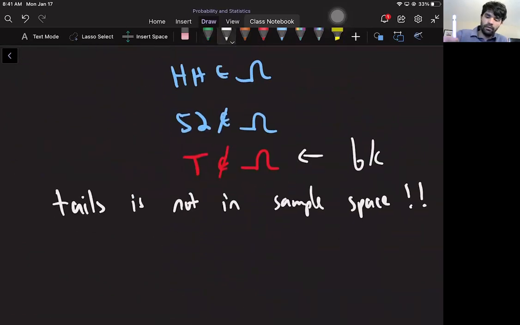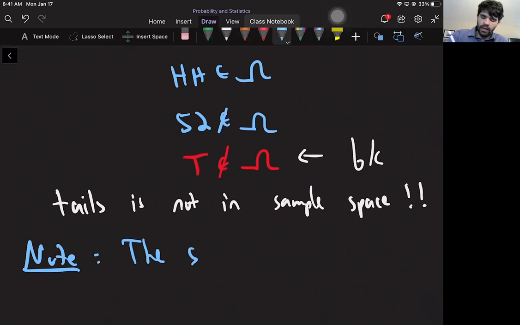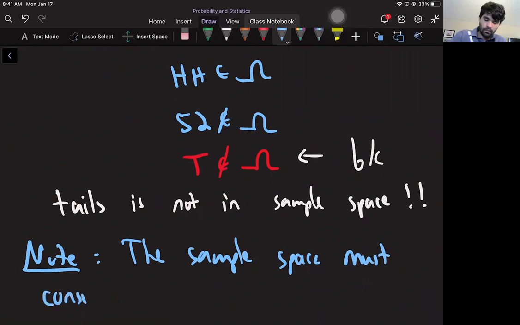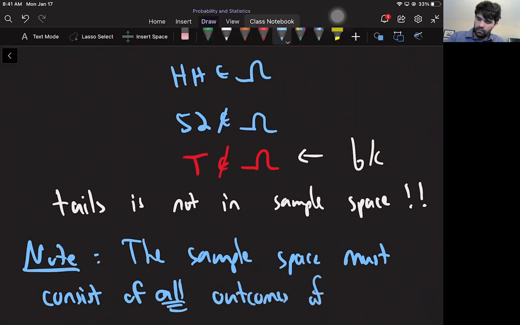And then one final note about sample spaces, just don't forget the sample space must consist of all the outcomes of the experiment. So again, we cannot leave any out. They all got to be in there.